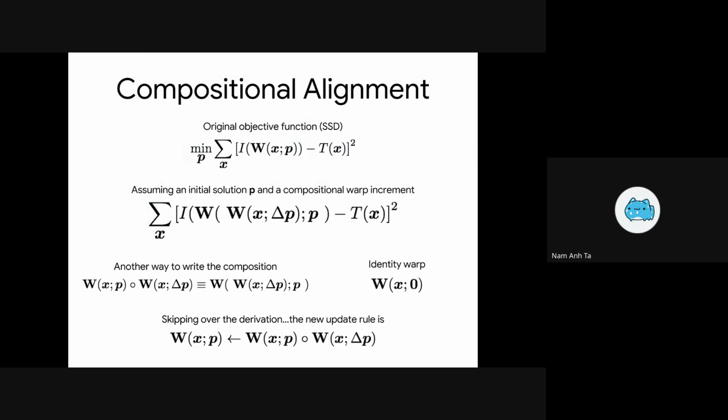So I will introduce the compositional alignment. In this framework, we introduce an incremental warp function, this. Instead of just adjusting the p directly, we overlay a small deformation, like a fine-tune rotation or shift, onto the existing transformation.